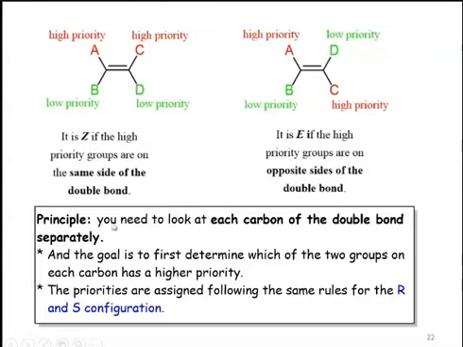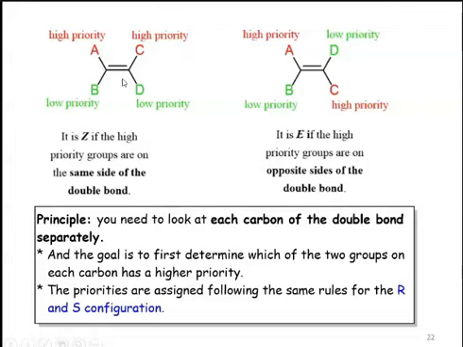Now how does this principle work? Here you need to look at each carbon of the double bond separately. This carbon and this carbon. Look at both the carbons separately. The goal is to first determine which of the two groups on the carbon has higher priority.